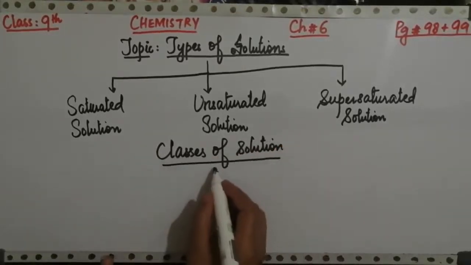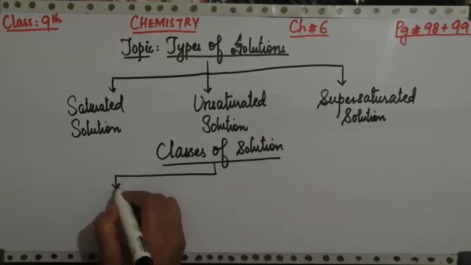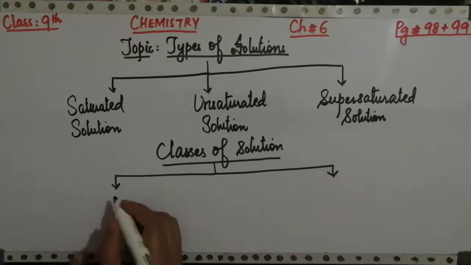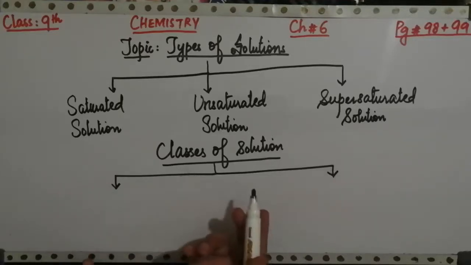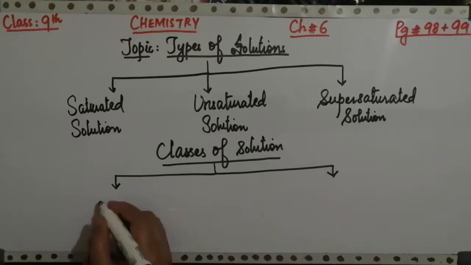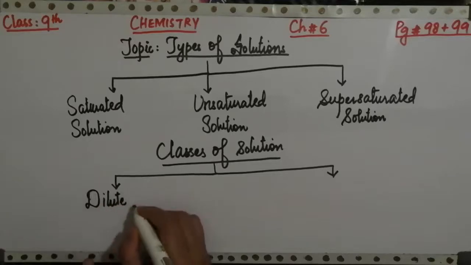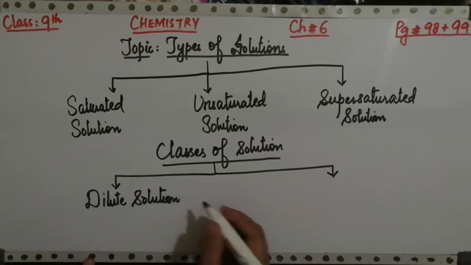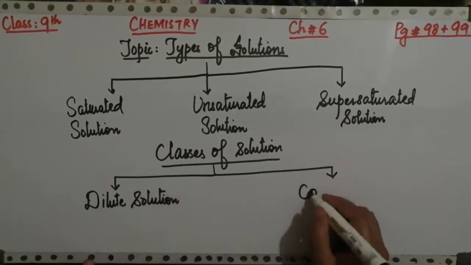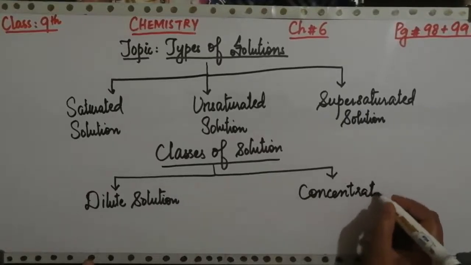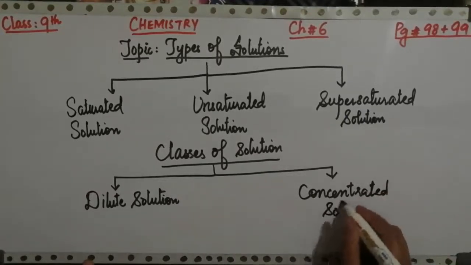I am going to make a flow sheet for this purpose as well, and I have 2 types of solution on the basis of the amount of solute present in solvent or solution. The first one is dilute solution. The next one is concentrated solution.